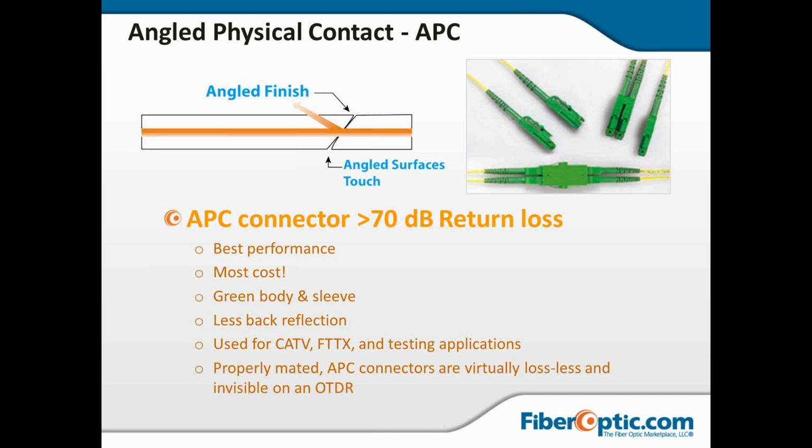Less back reflection, has the green body and sleeve. They're a little more costly because the jigs necessary to put that angled polish are a little harder to work with. But it is absolutely the best performance of any of the connector polishes, and is going to be well worth the little extra cost.